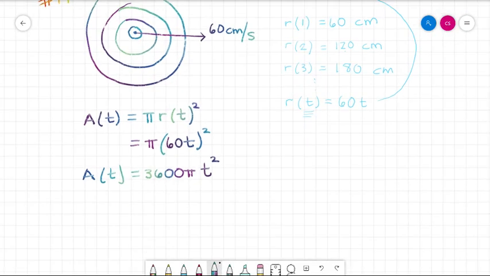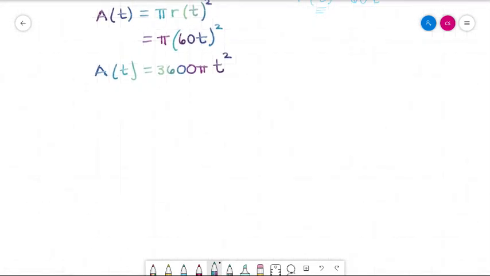All right, so the rate of increasing, the rate of changing, we have to look at the derivative, okay? Just our power function, because remember pi is a constant, bring down that 2, 3600 times 2, pi times t.